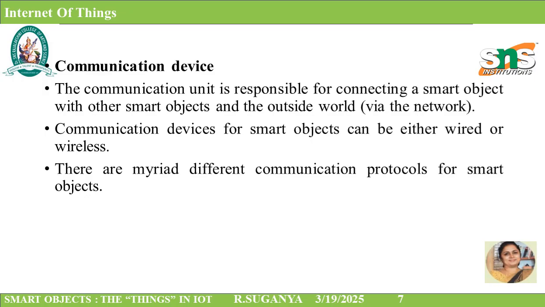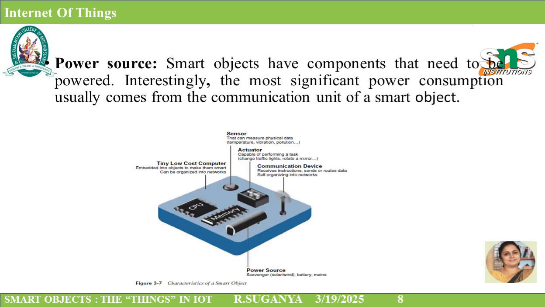So, in every domain we use sensors and actuators. Communication devices for smart objects can be either wired or wireless. There are different communication protocols for smart objects. Power source. The smart objects have components that need to be powered, so it has to come with a power unit.